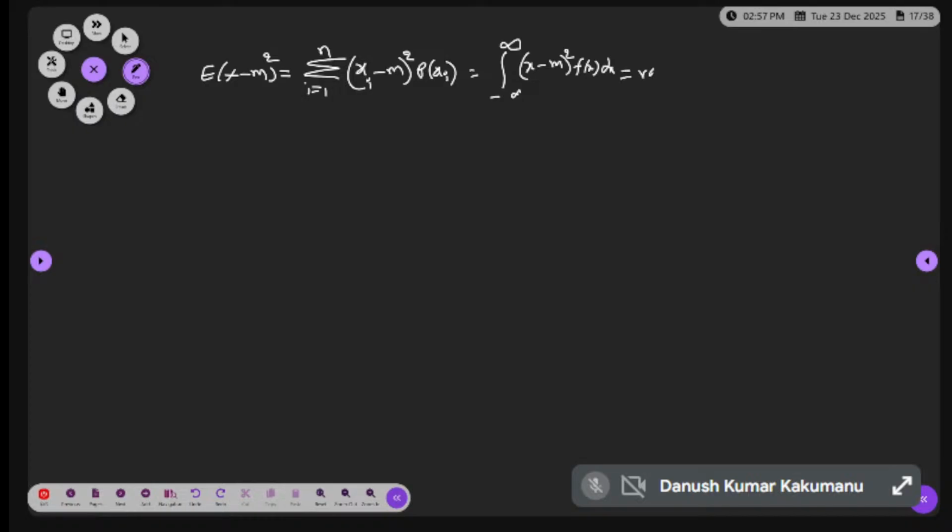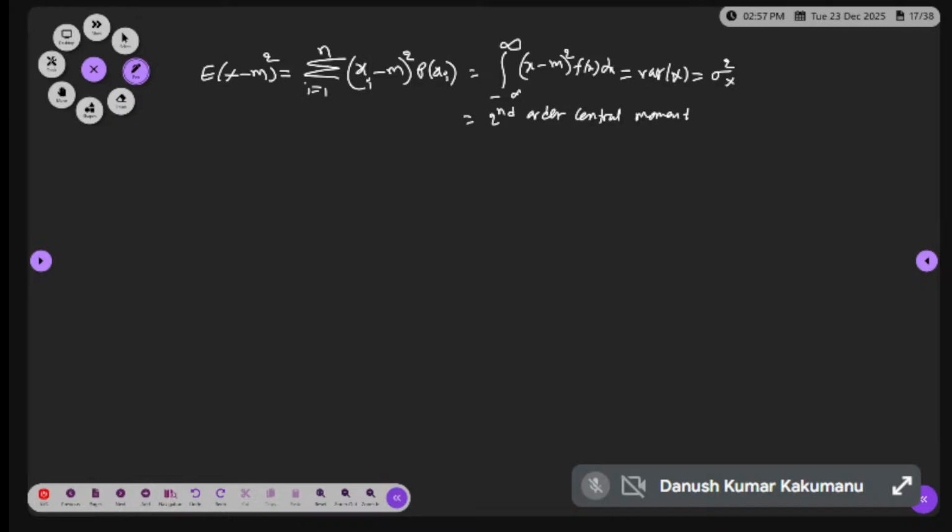The name of this formula is variance of x, sigma square x, and it is the second order central moment.